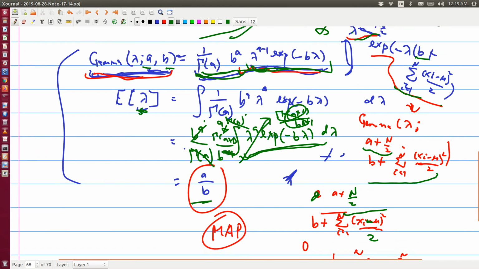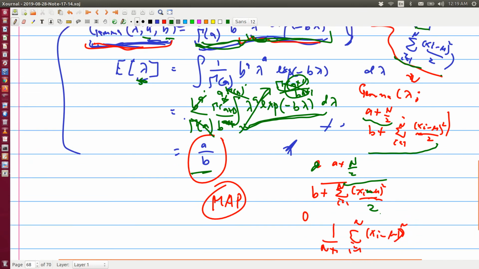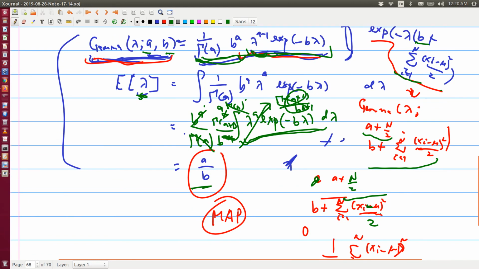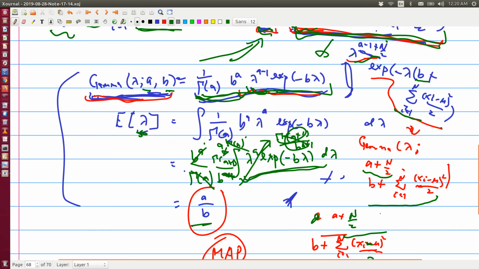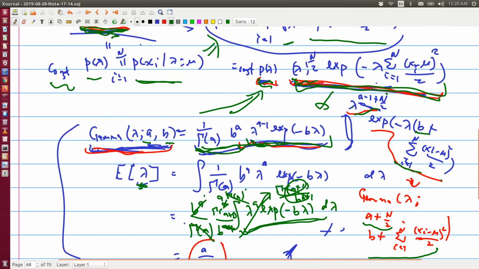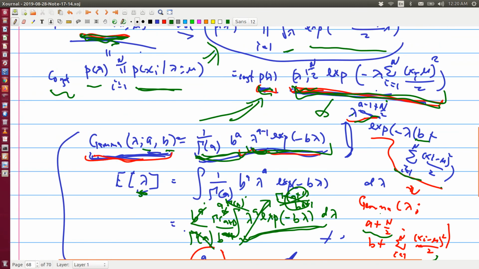And we can look at some special case. For example, if we have a equal to 0 and b equal to 0, I'm not sure that's a valid parameter, it may not be okay, honestly.